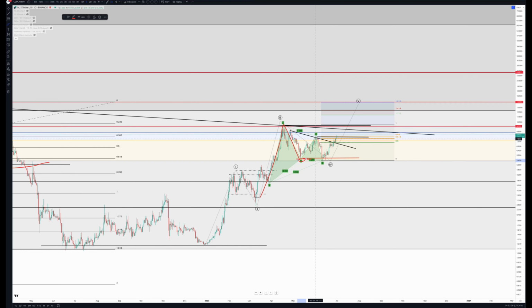What we had was a rally and an ABC, and then a pullback, and now we've got this symmetrical triangle, and that's likely to go. And the measured move for that symmetrical triangle, if we play that out, is there. So that's our first target, give or take, with these Fibonacci levels.